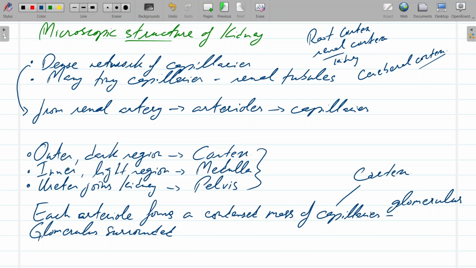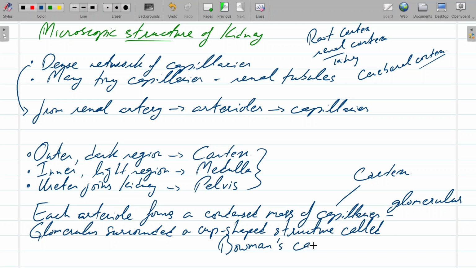So the glomerulus is surrounded by a cup-shaped structure called the Bowman's capsule. Now, from the Bowman's capsule, it's not just a cup-shaped structure.